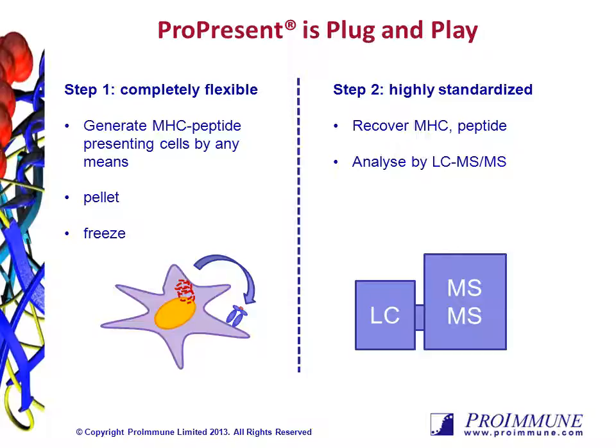In that case, all we need to do, the following step 2, is to receive a cryopreserved cell pellet from the customer. Step 2 then is a high-performance MHC peptide isolation and mass spec process, which essentially always works the same way. We recover the MHC molecules, sequence the peptides, and do the statistical analysis on the results. This separability makes the technique adaptable for many different applications.